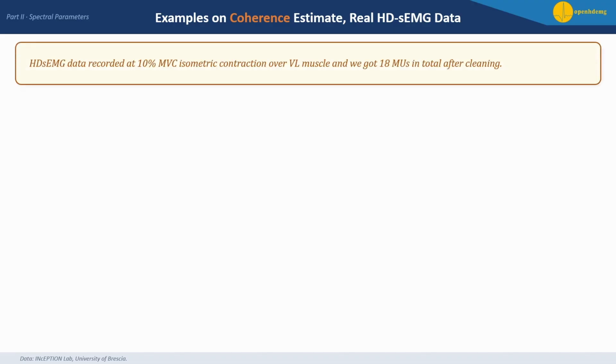Okay, now let's see some actual pre-recorded EMG data and see how playing with these three parameters would affect our coherence estimate. For this one, we have pre-recorded high-density EMG at 10% MVT. It's an isometric contraction over the vastus lateralis muscle, and we got 18 motor units clean and ready for our analysis.